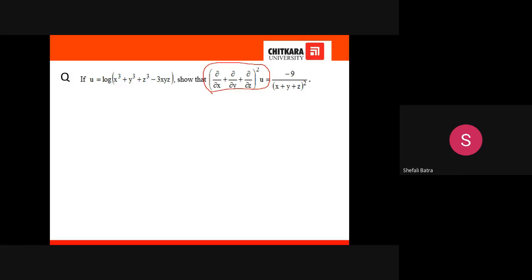Right? So how will we start this? I will break it. I'll write it two times: (∂/∂x + ∂/∂y + ∂/∂z) one time, and then like this, (∂/∂x + ∂/∂y + ∂/∂z) on u.